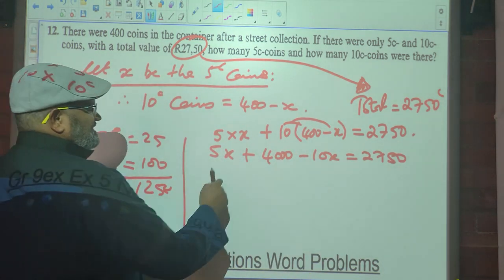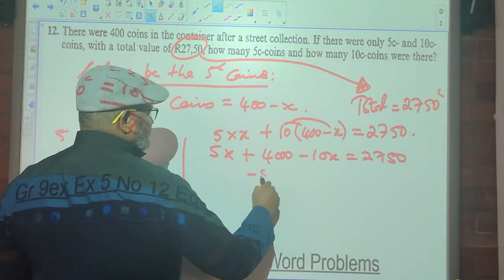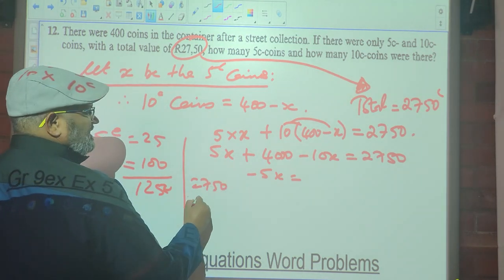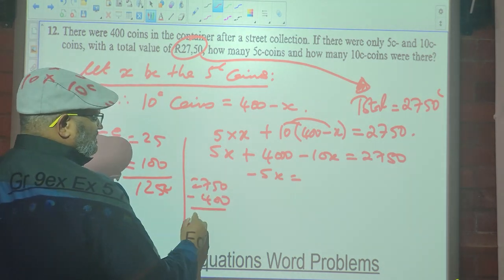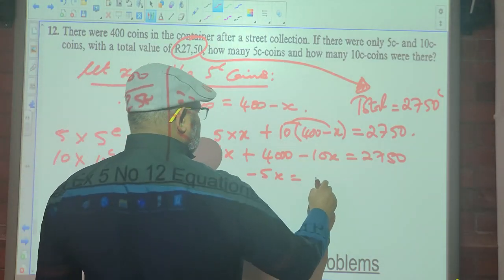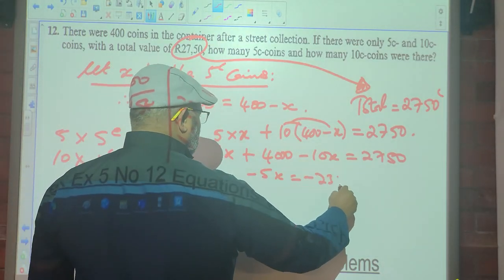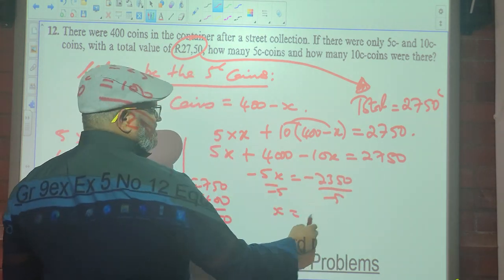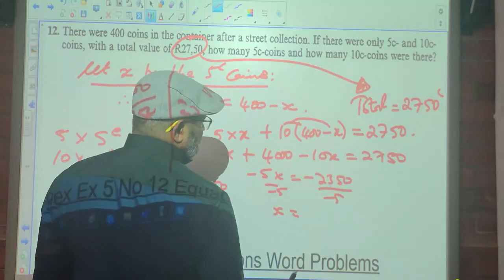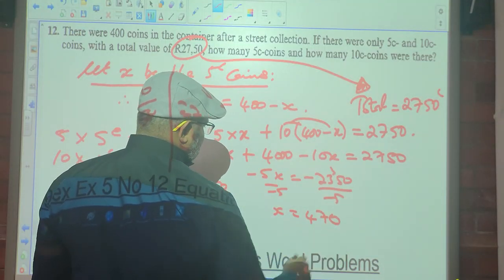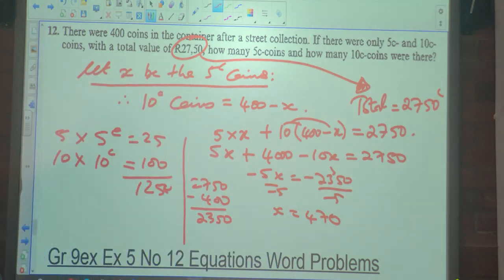X on one side, numbers on the other side. So 5x minus 10x is negative 5x. 2,750 minus 400 will be 2,350. Negative 2,350 divided by negative 5 both sides. That's not right.